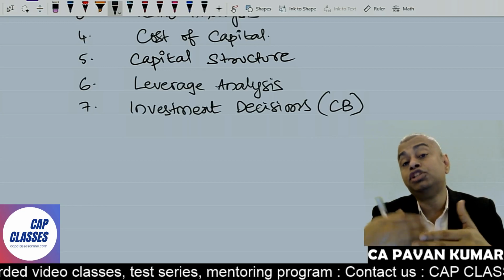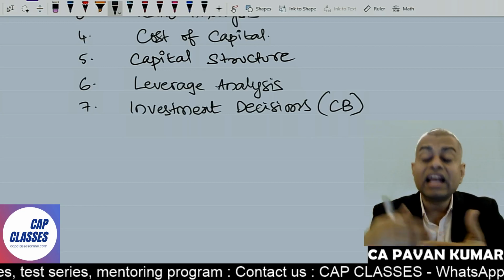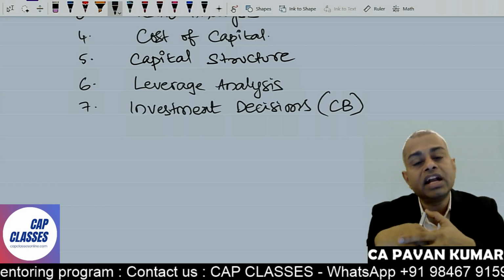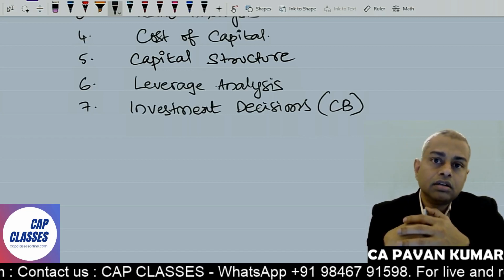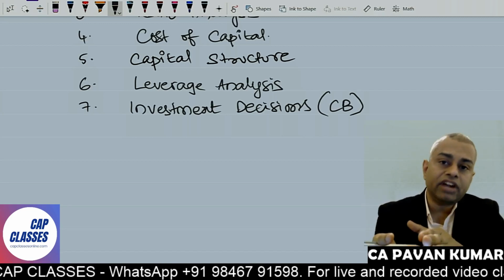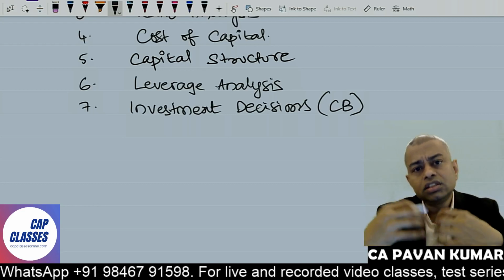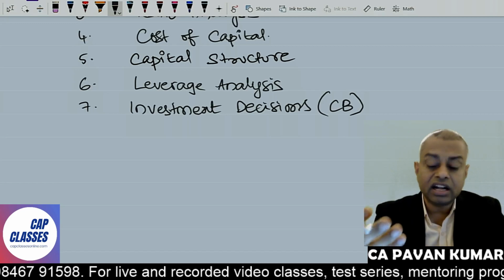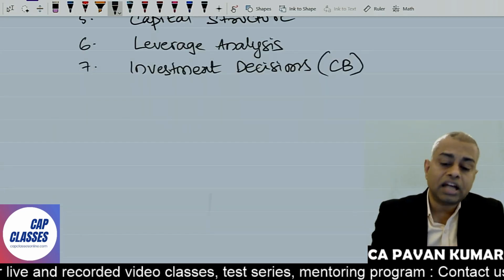How much due diligence, investigation and analysis might have happened behind the scene before making a decision, yes, we are investing money in this project? So we'll calculate net present values, internal rate of return, payback period. So many techniques are there. The investment decision itself is an ocean. You'll definitely enjoy calculating various things. So that is your chapter 7.